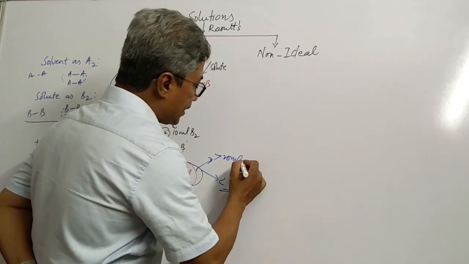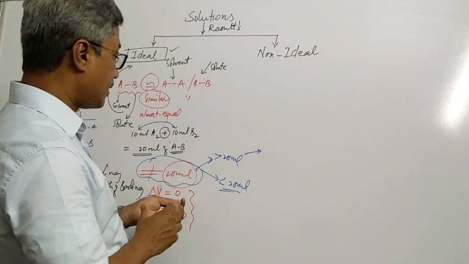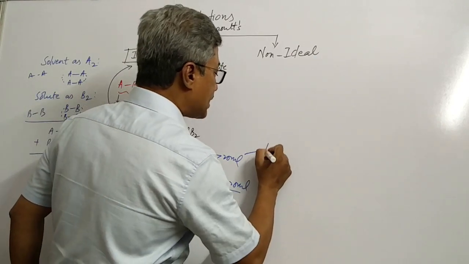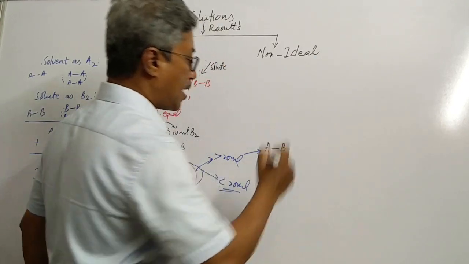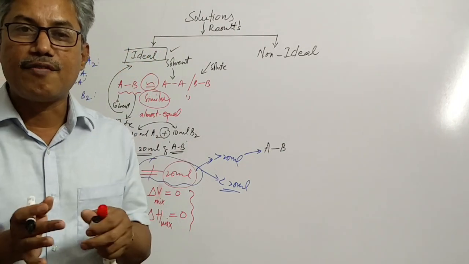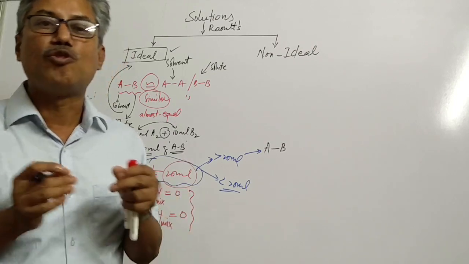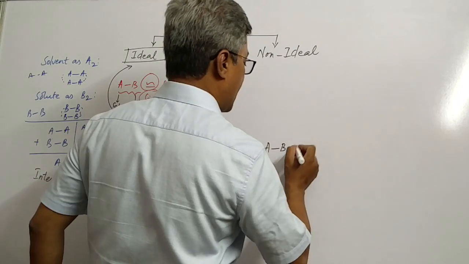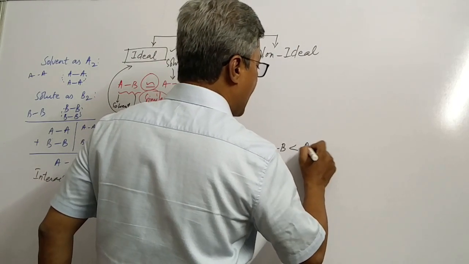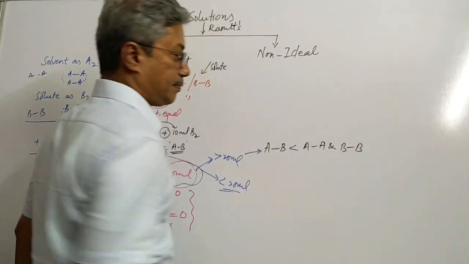See here, if it is more than 20 ml, see students, it is very much important. This more than 20 ml indicates that these AB interactions are weaker. Weaker means they do not attract strongly. This bond strength is weaker than AA interactions and BB interactions.